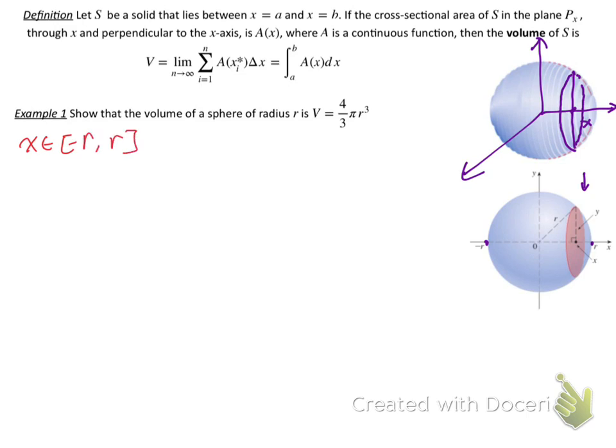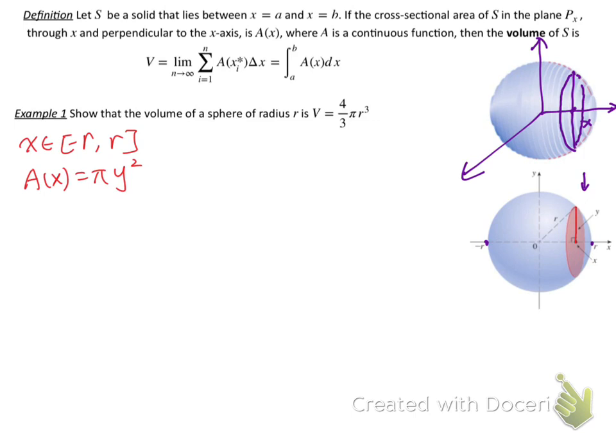Then at a particular x, A of x will be the area of the chopped-off region, which is the red circle, or red disk. It has the radius y. So A of x, the area of that chopped-off region, is pi y squared.